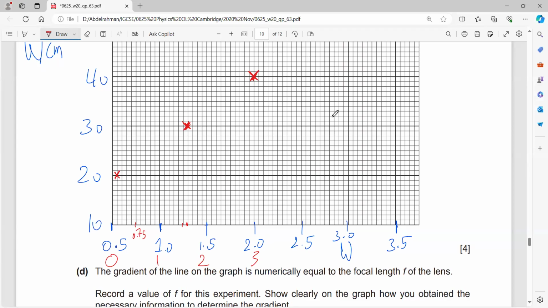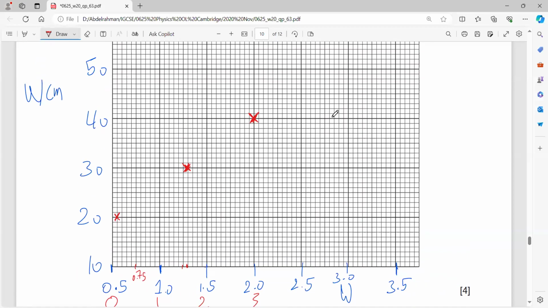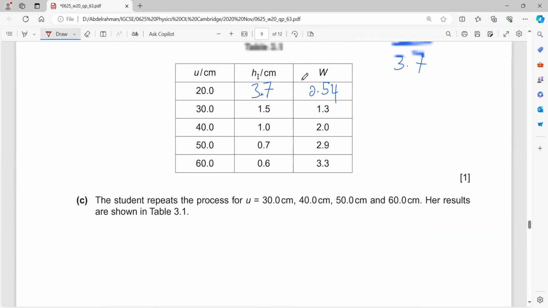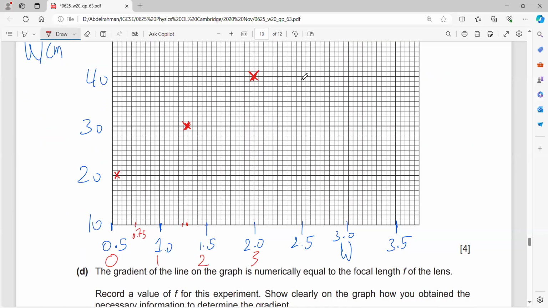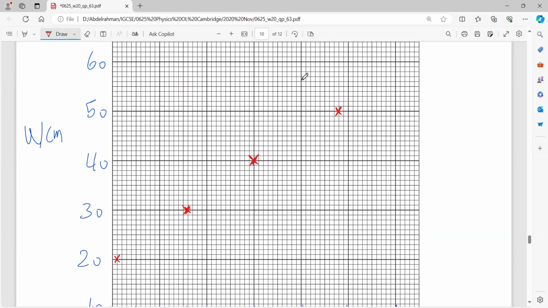Where is 2.9? It's before 3, two squares before the 3. Then 60 and 3.3.